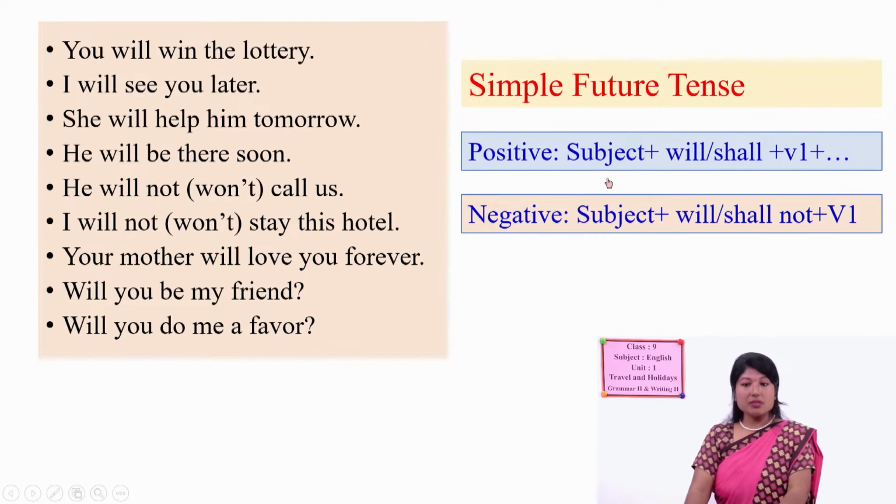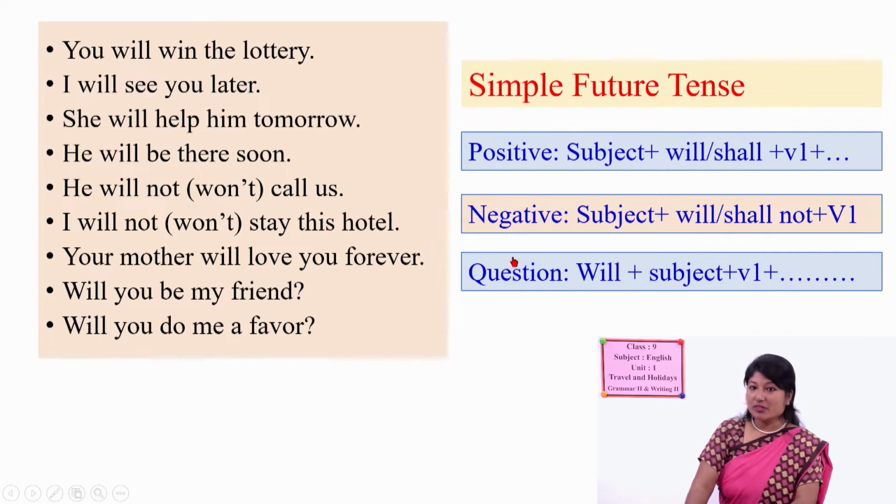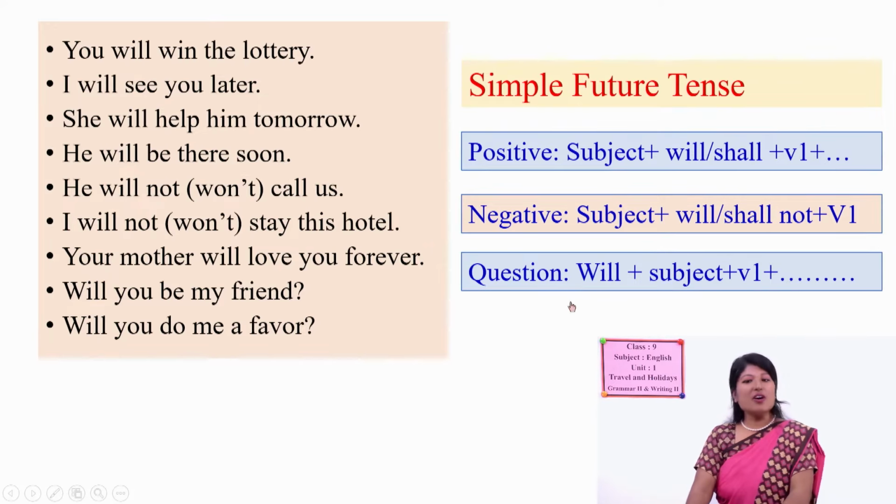In negative form, not is added after will or shall, plus verb 1. And it can also be in question form. The question form structure is will comes in front, then the subject and verb. So in this way simple future tense works.